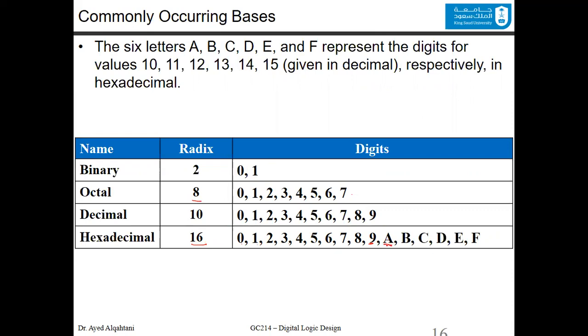So A corresponds to the digit 10, B to the digit 11, C, D, E, and then F. So this will be considered 10, 11, 12, 13, 14, and 15. But we don't write 10, we write A. In the hexadecimal, we don't write 10, we write A. For example, if you have the value 15 in decimal, we write it in hexadecimal as F.